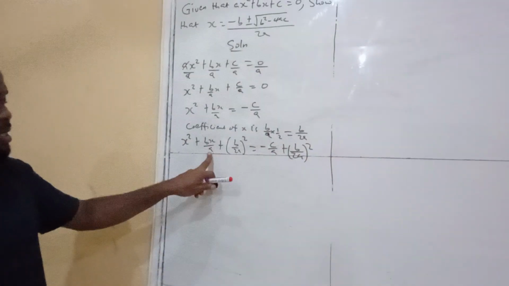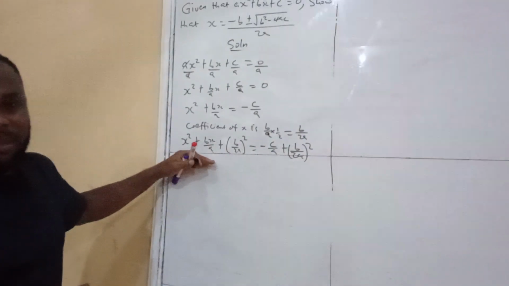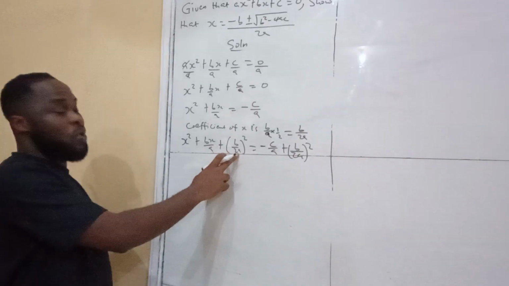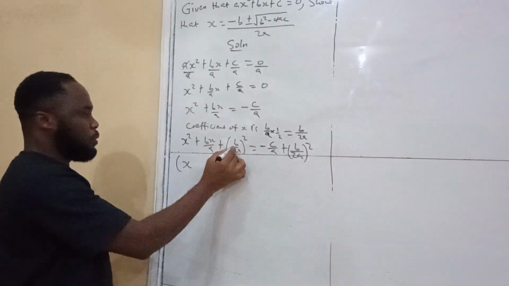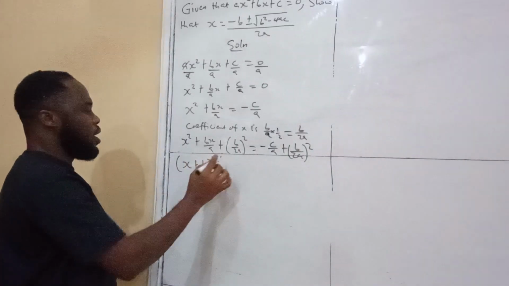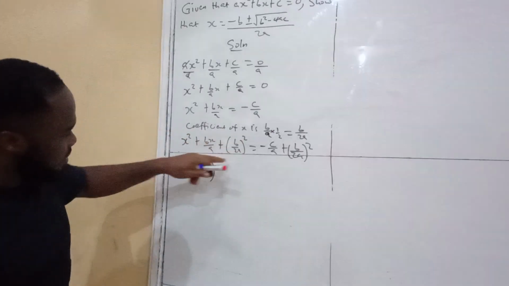Now, coming to this point, we're going to complete the square. This is a perfect square now. So we pick one of this and one of this and square them together, so we factorize it. When we do that, we shall have x plus b all over 2a all squared. Now when you expand this bracket, you will have this exactly.